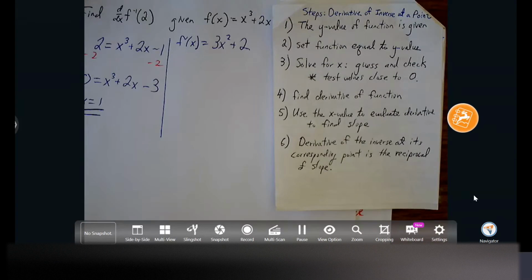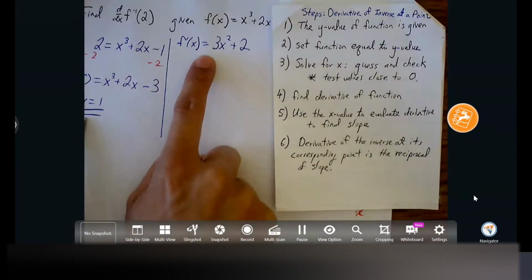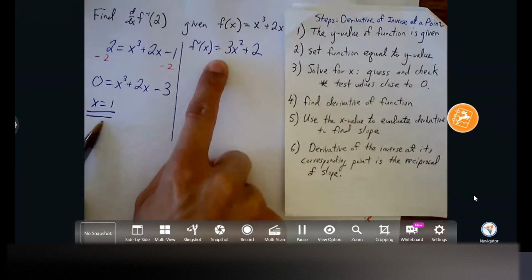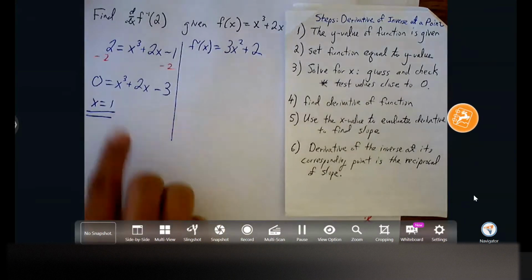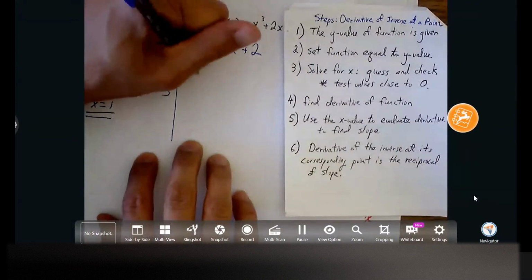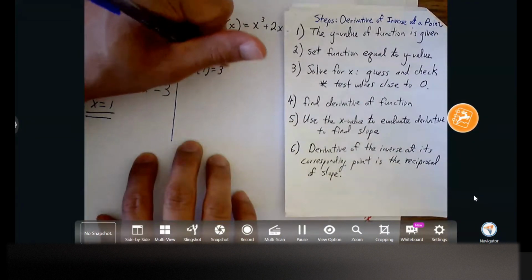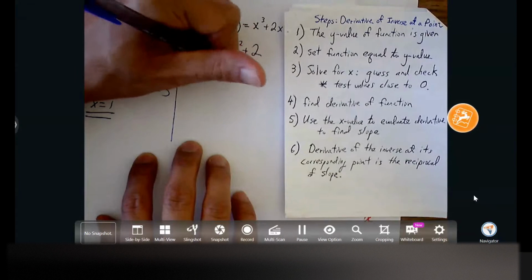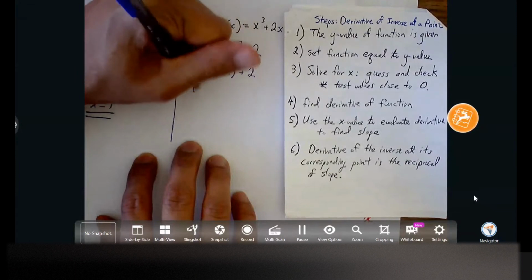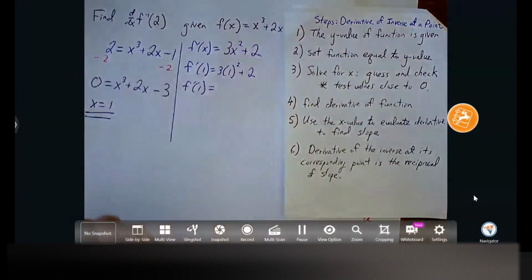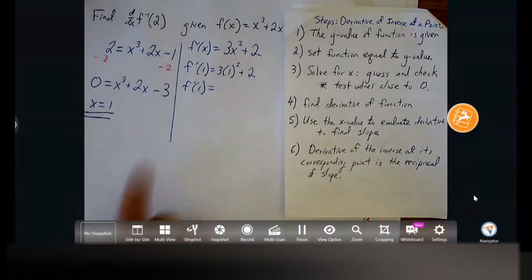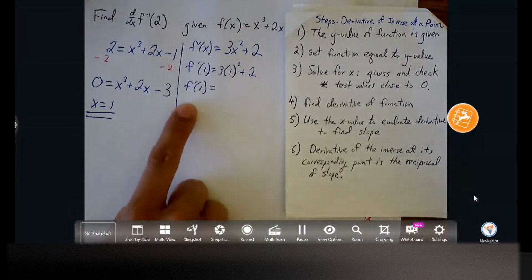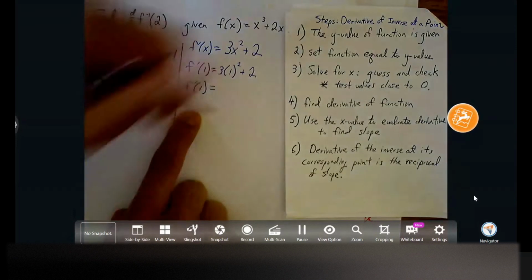Would you plug in the x value we found, like the 1? So now we can find the slope using this x value that we found, right? So we need this x value. f prime of 1 is equal to 5.